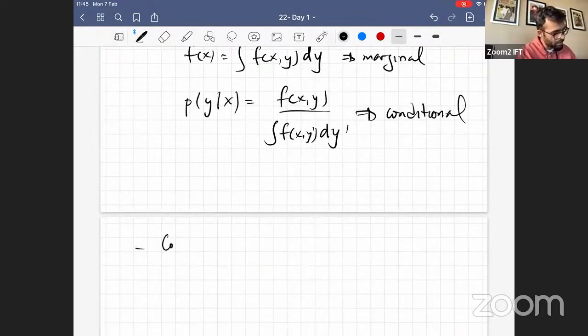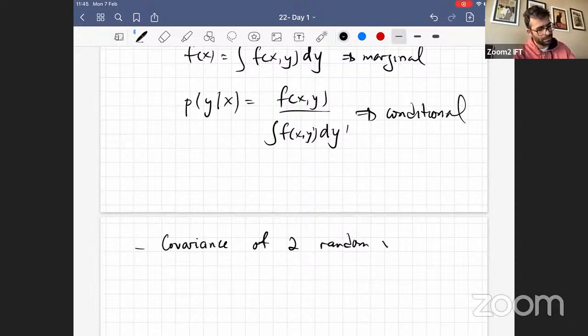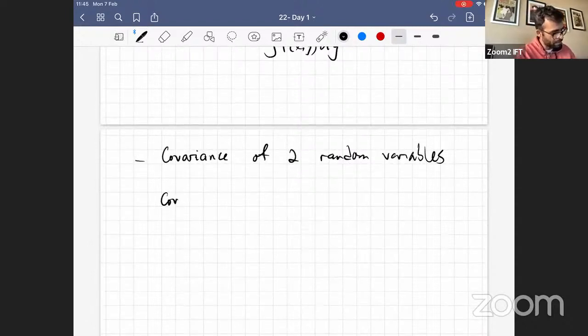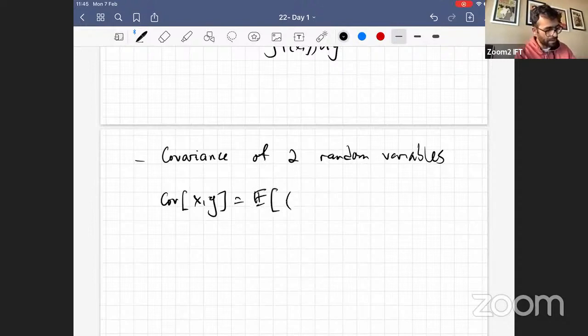Then I will talk about the covariance of two random variables. The covariance is just a generalization of the variance. So this is the expectation value of x minus mu x, where mu x is just the mean of x, times y minus mu y.